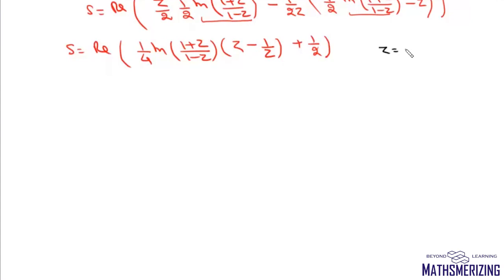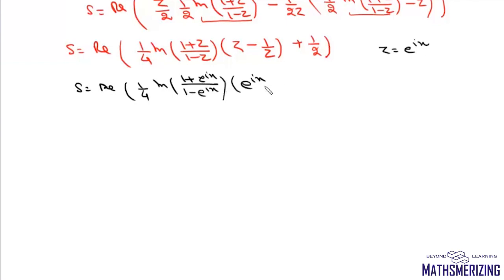Now we'll try and simplify this expression. We know that z is e to the power iota x. So we need the real part of 1 by 4 log (1 plus e to the power iota x upon 1 minus e to the power iota x), and here it will be e to the power iota x minus e to the power minus iota x, and then plus 1 by 2. Now for the expression inside this log, we'll divide numerator and denominator by e to the power iota x by 2.